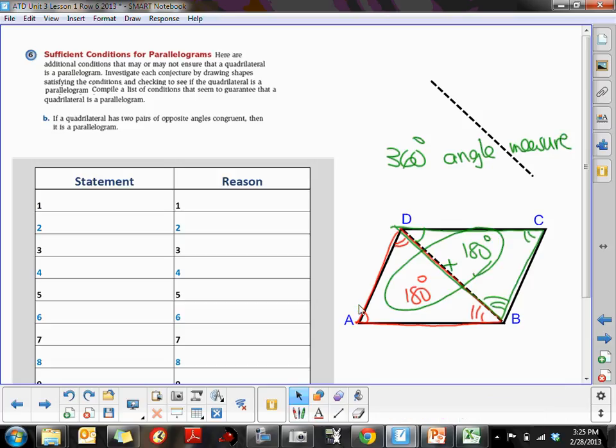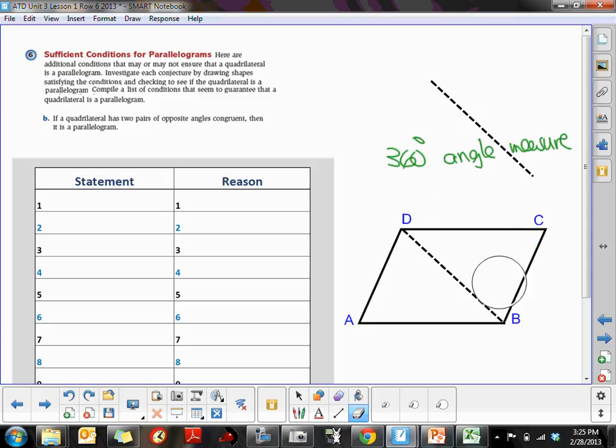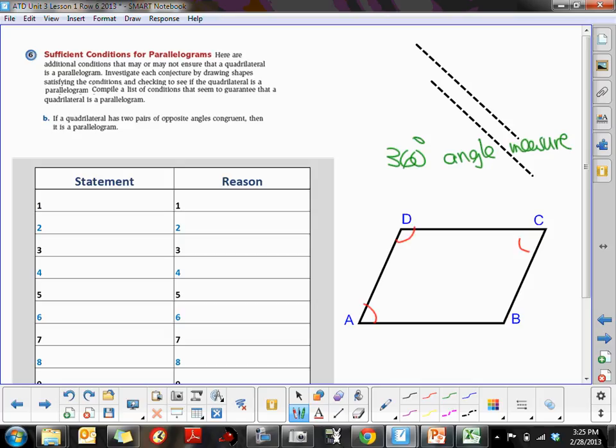So anytime you have a four-sided figure, it's always going to add up to 360, and we use the analogy of divided into two triangles, and then we have 180 plus 180, 360. So now I'm going to remove that and come back to the fact that we knew that the opposite angles were congruent, so these are the pairs of angles that have to be congruent. So if we were to take all four of these angles, A, B, C, D, and add them up, they would have to equal 360 degrees.